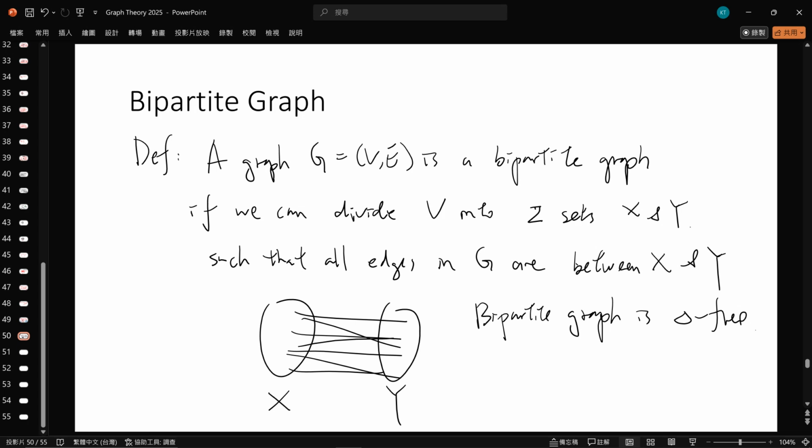So in fact, if we denote by Cn a cycle of n edges, then a triangle is C3, okay? And if you have a square, then it's C4.